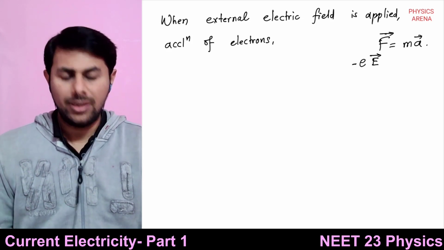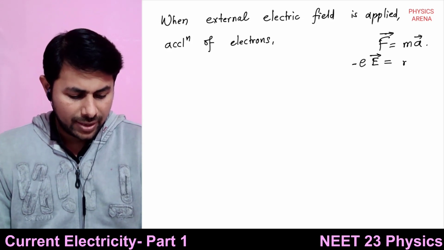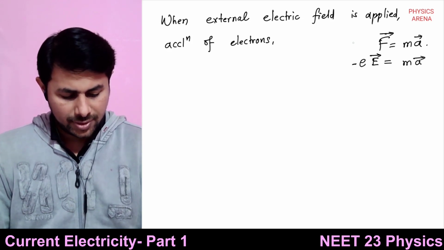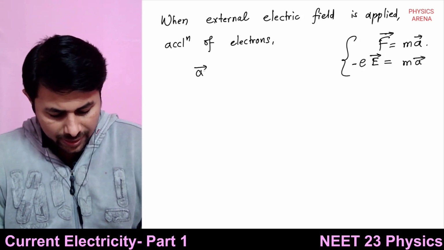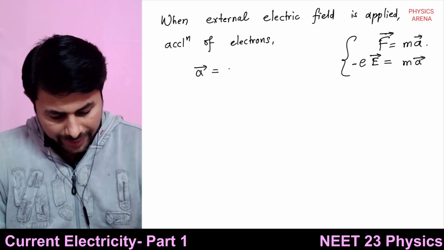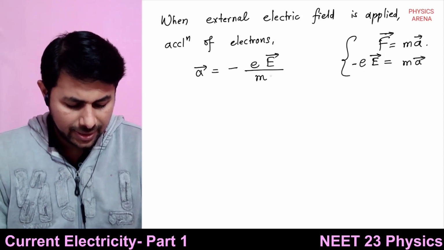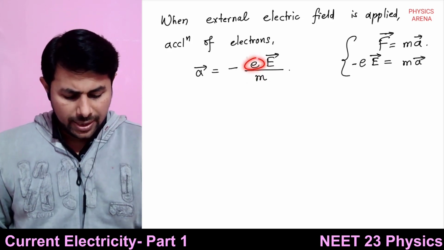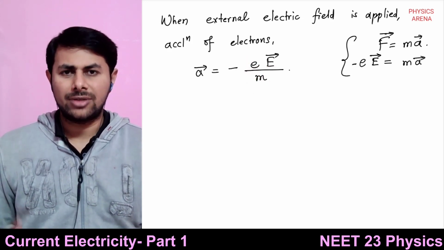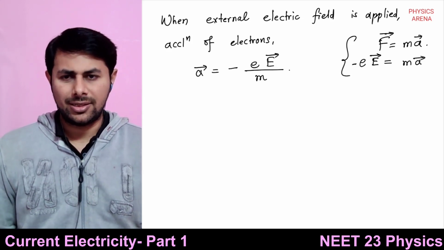So it is minus e multiplied by capital E bar. It's equal to m times a, and therefore we can say that a bar is equal to minus e multiplied by capital E divided by m, where m is the mass of the electron and minus e is the charge on the electron, right? So this would be acceleration.